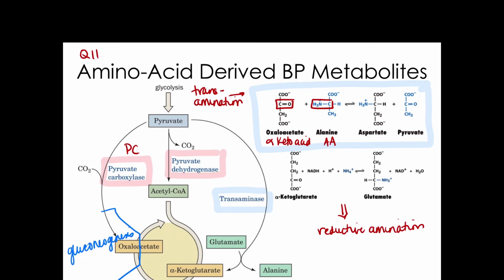An important thing to introduce here, we'll see it later: we've got 20 amino acids, right? But when we talk about how we handle and metabolize amino acids, and about needing to get rid of the nitrogen as an extra atom on those amino acids, we don't do that chemistry with all 20 amino acids.